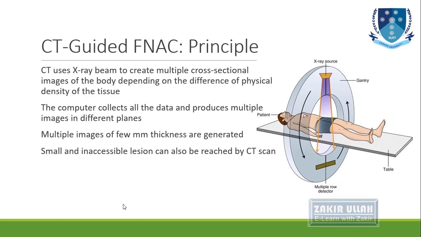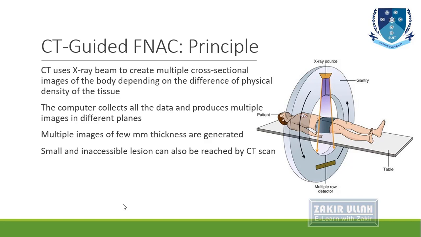The principle of CT guided FNAC is that it uses an X-ray beam to create multiple cross-sectional images of the body, and these images depend upon the physical density of the tissue, whether it is bone or muscle.